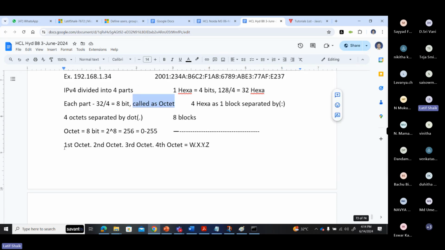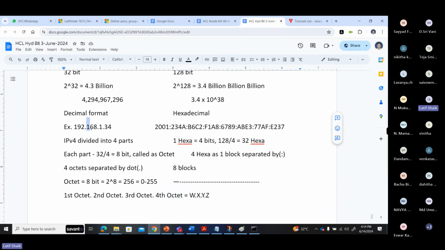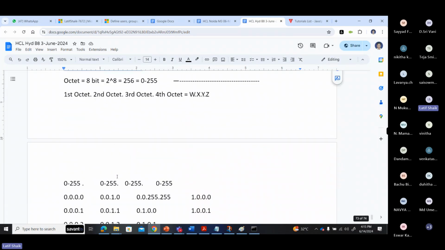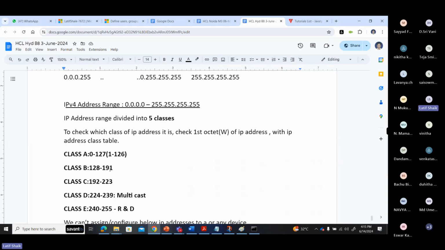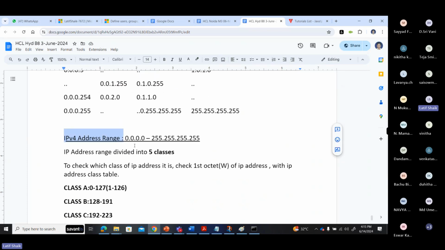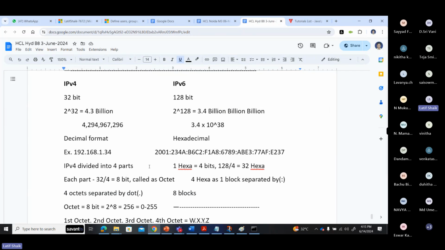It is the first octet, second octet, third octet, fourth octet, separated by dots. Four octets separated by dots. The total IP address range starts with 0.0.0.0 and finishes with 255.255.255.255. So this is IPv4.